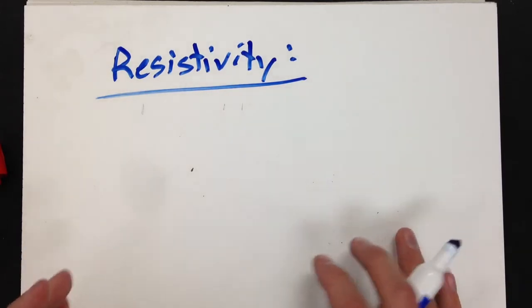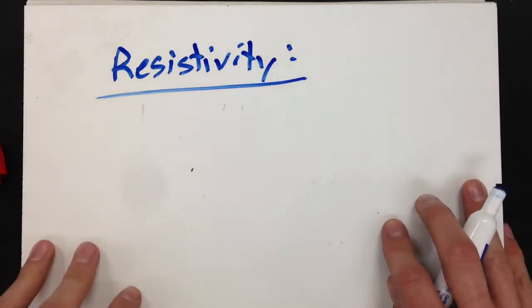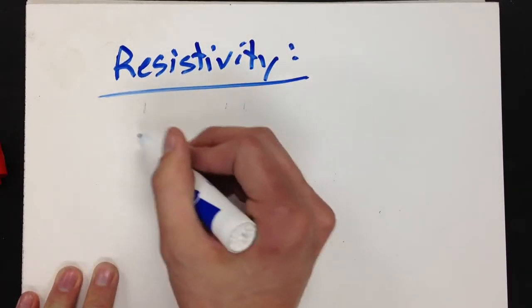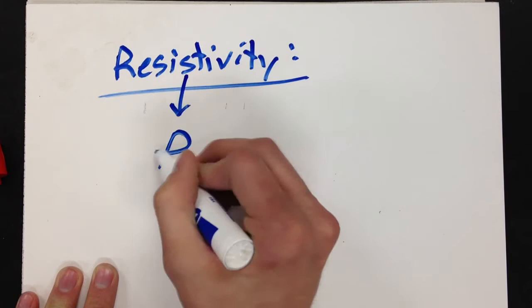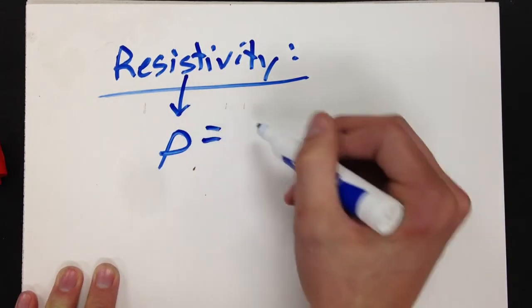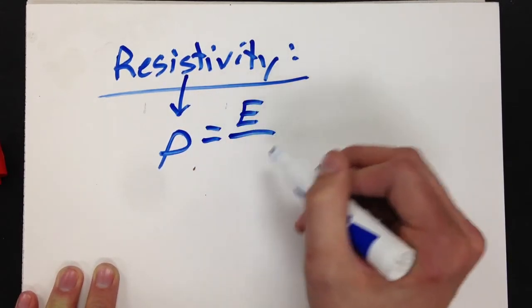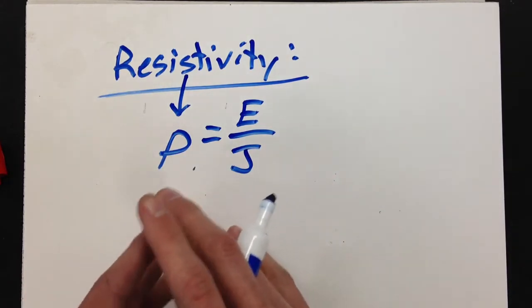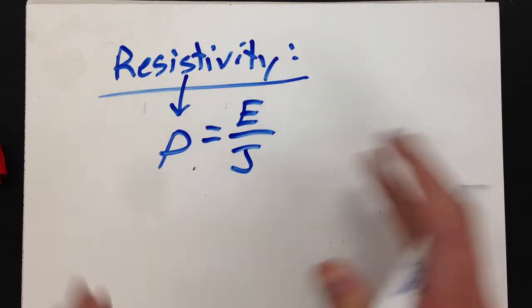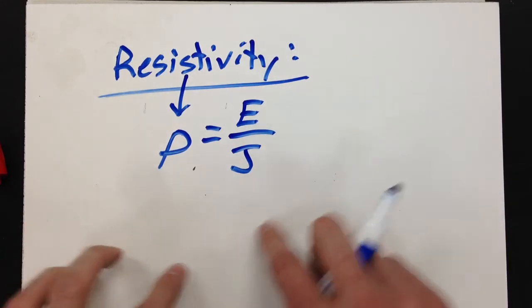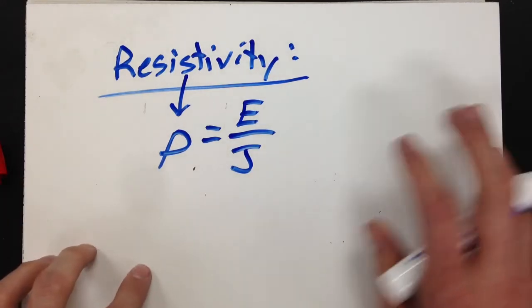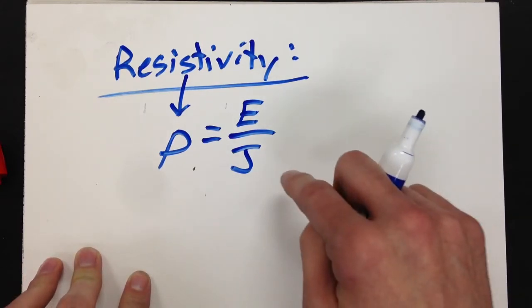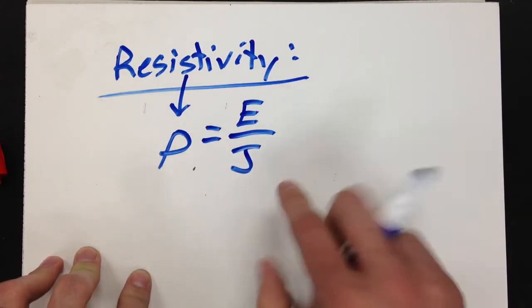And the electric field is what's causing that drift velocity. Now, a material's resistivity, denoted with rho again, is denoted as the electric field over J. And for most materials, for most metals, as long as your temperature doesn't get too crazy, high or low, then this proportionality here is a constant.